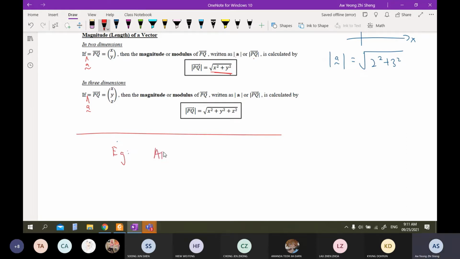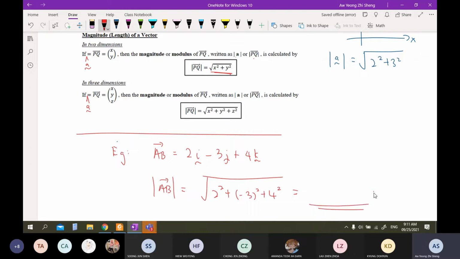If my vector AB is 2i minus 3j plus 4k, then the length of AB, the modulus of a vector meaning the length of that vector, will be the square root of 2 squared plus (minus 3) squared plus 4 squared. Then you will get some number, with units.